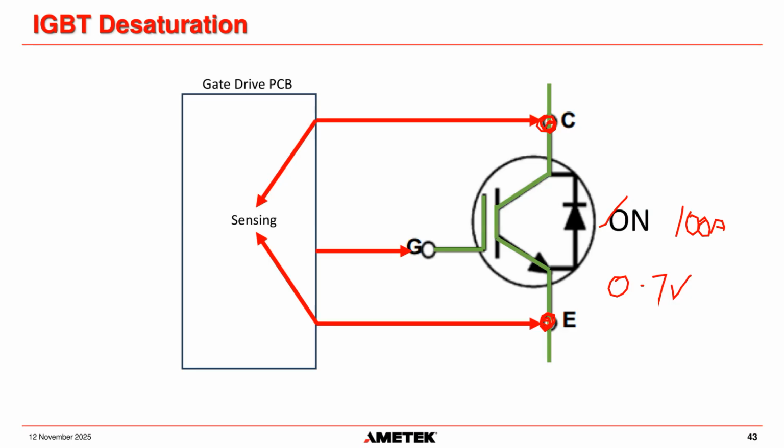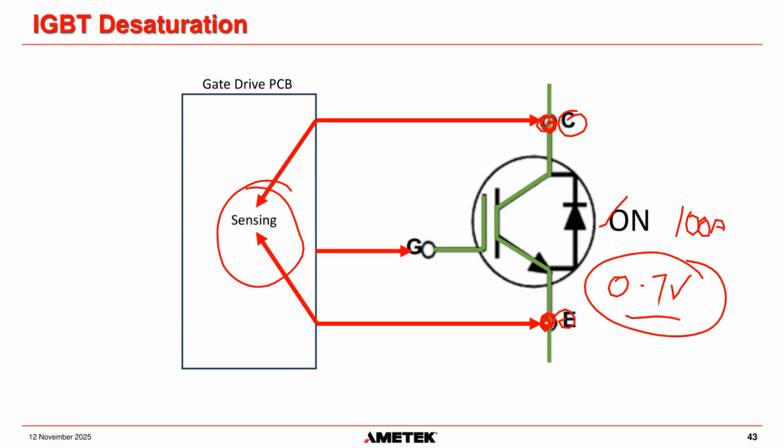Then this sensing circuit says, when I send a signal to turn the IGBT on, I should see no more than 0.7 volts across the collector and the emitter, because an IGBT is never a perfect switch. There is always going to be some voltage drop across it when it is switched on, but it should be limited to a very small amount.